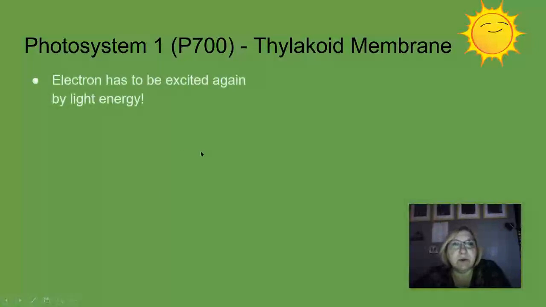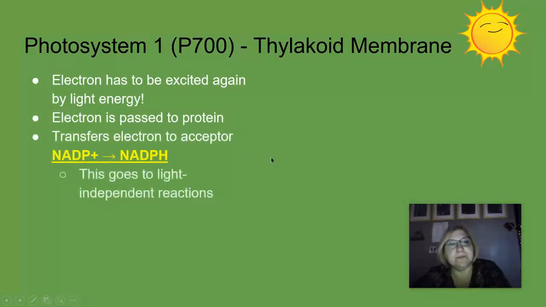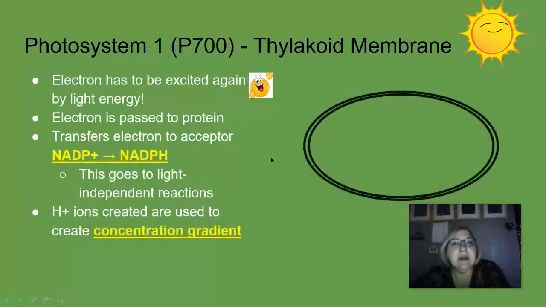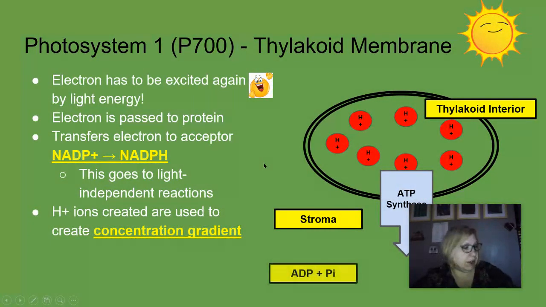So here is photosystem 1, the light independent reaction. And what happens here is the electrons have to be excited again. They're bumped up to a higher energy level as they go through, and then they're passed to a protein inside the thylakoid, and there's a chemical that accepts the electrons there, and it's called NADP+.